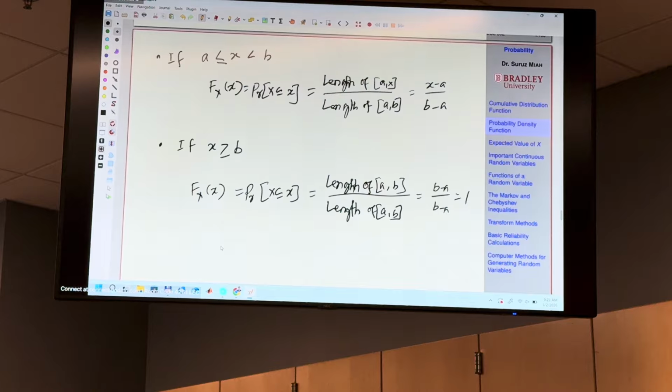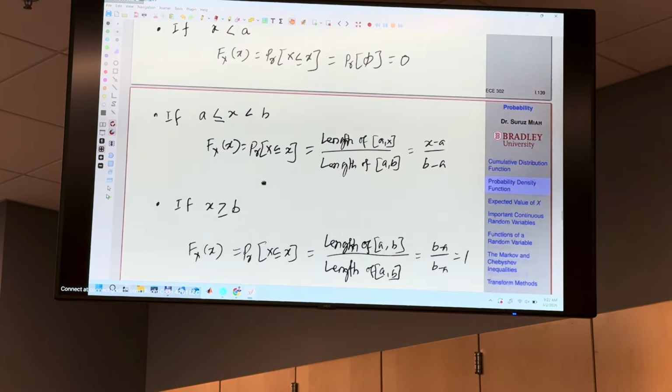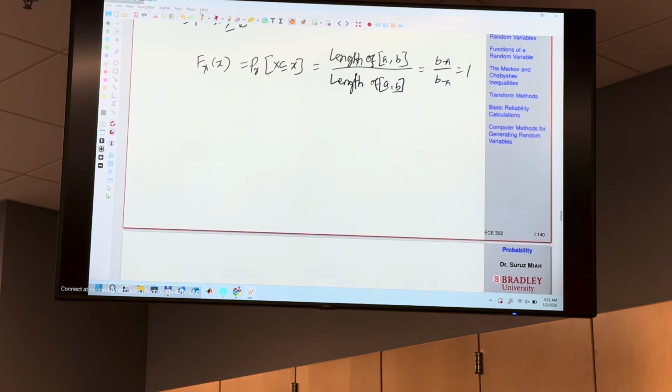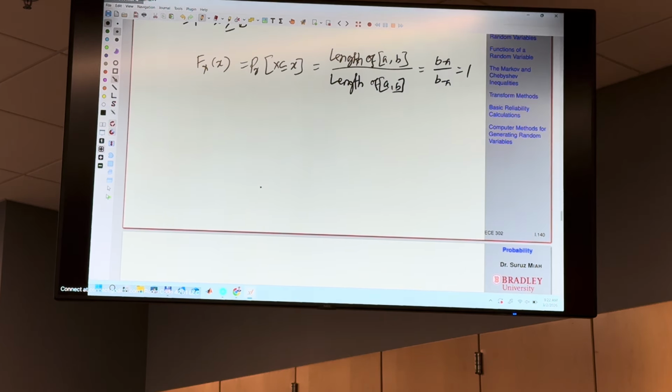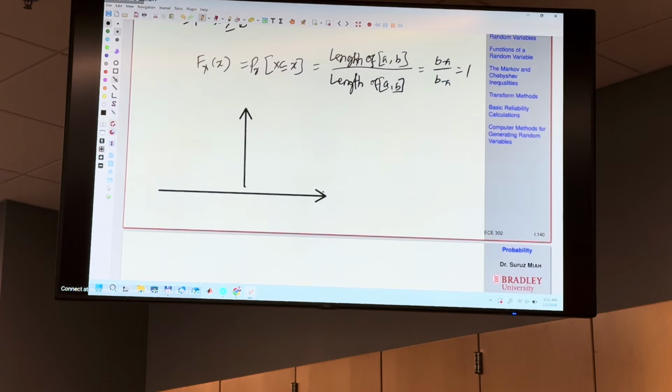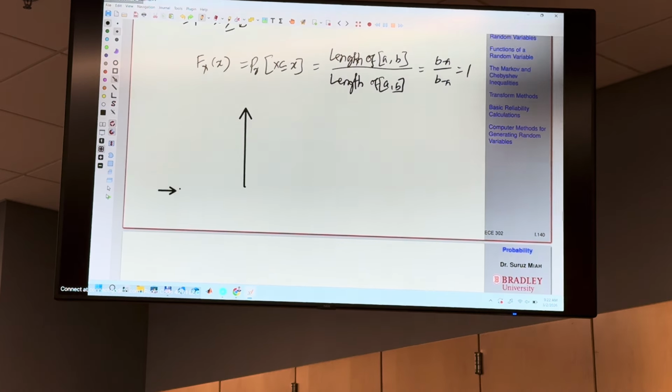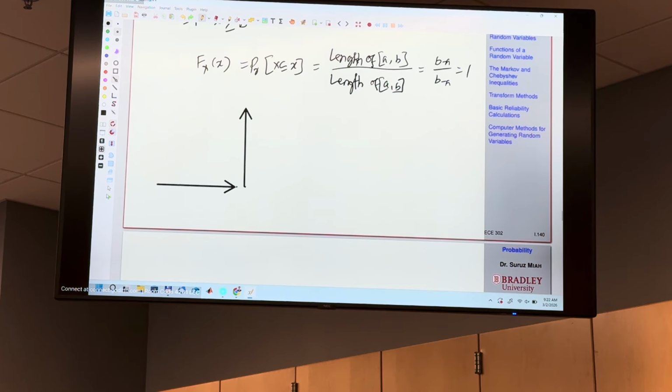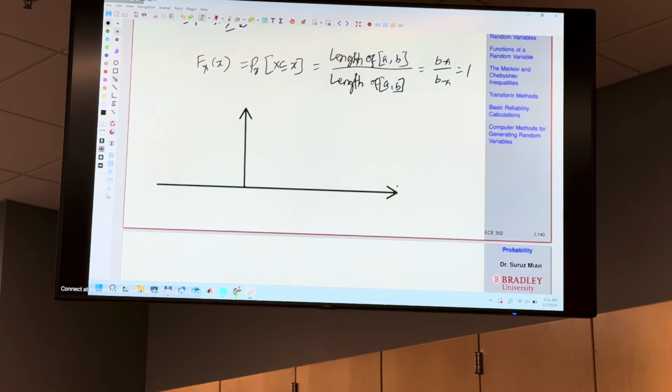Okay, so like that, we covered the entire real line. Therefore, we can graphically rewrite it as such.